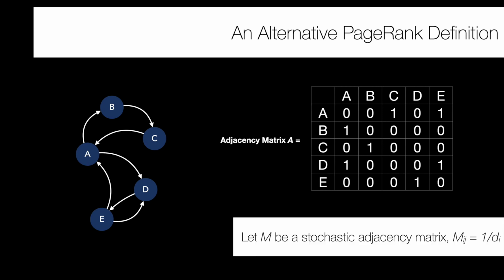And we'll make one more modification and convert this adjacency matrix A to the stochastic adjacency matrix M, where every edge weight in our matrix is divided by the degree of the source node. We see for node A, it has an out degree of 2, so each one of those two edges has an evenly split edge weight.